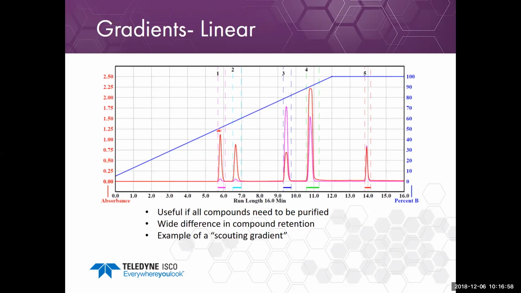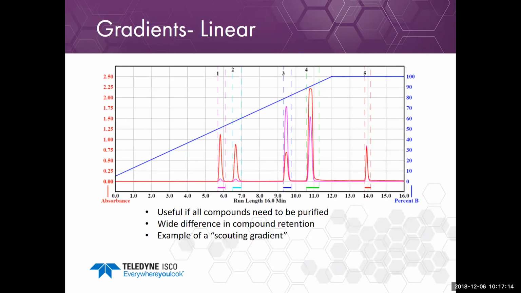This elutes in about 90% solvent. However, a linear gradient is useful if you need to purify all of the compounds, such as people working with natural products, if there's a wide difference in compound retention.